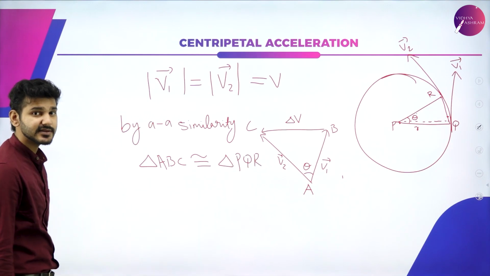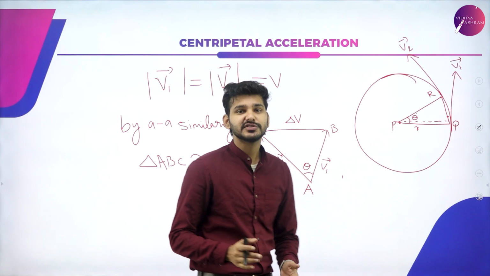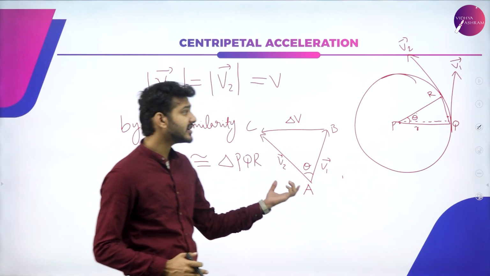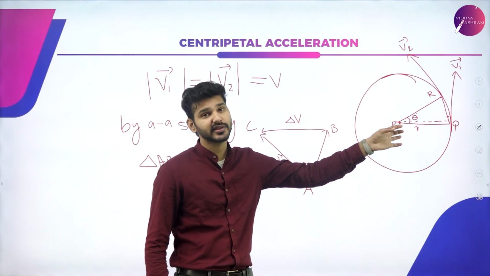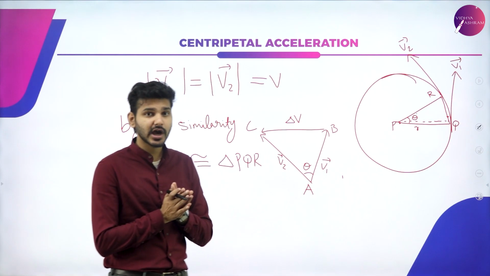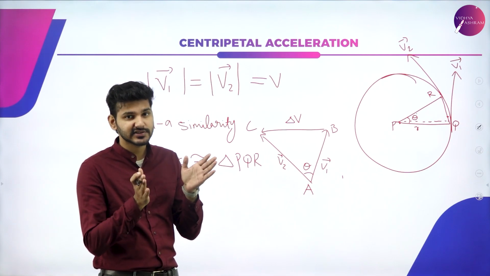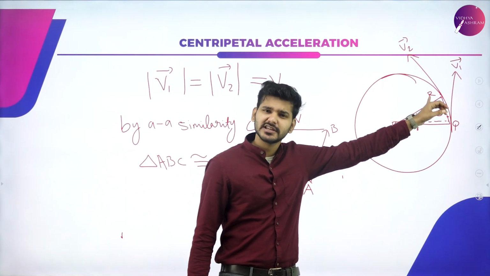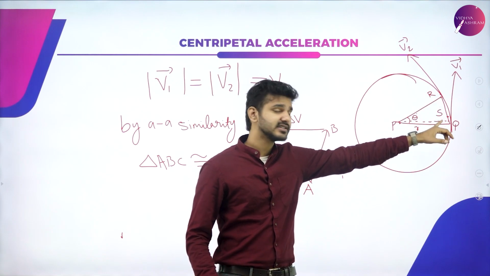Triangle ABC is similar to triangle PQR, which means that whichever operations I do here will be similarly reflected over there. So just now, we are going to consider something else also. This is nothing but displacement. We have just seen that this is displacement.